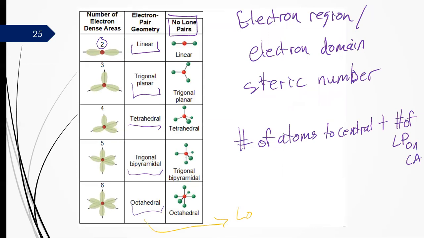So whether you're a lone pair or atom, we're treating them the same. So it doesn't matter where those regions are coming from. They will always start off with that same name for their electron pair geometry.